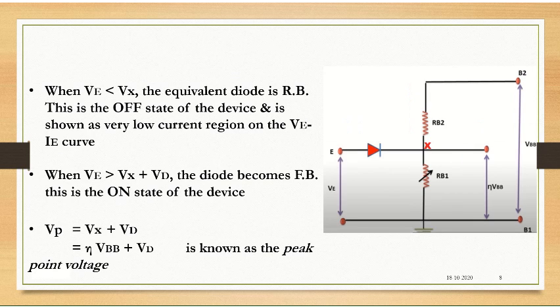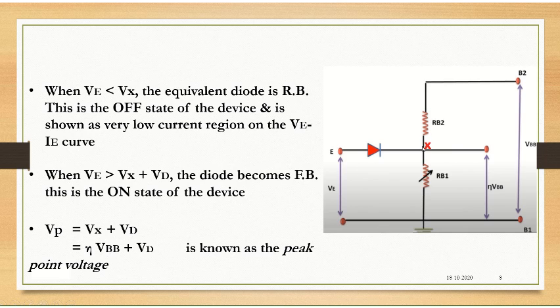Now, having this information about this point X and the voltage across it, if you observe the voltage we are applying at VE, that is at the emitter terminal, if it is less than this voltage Vx, this diode will be in reverse bias condition.